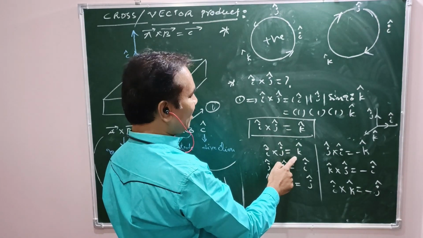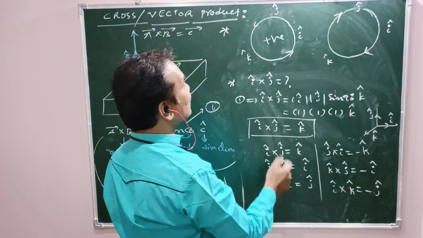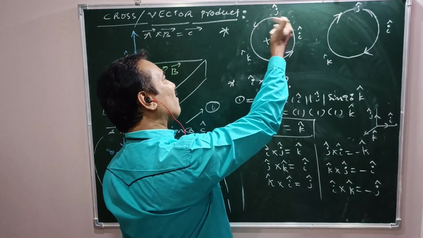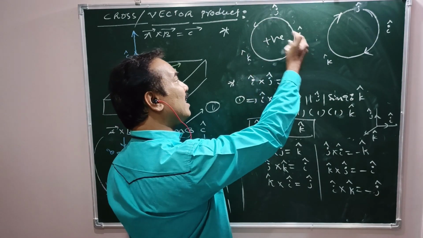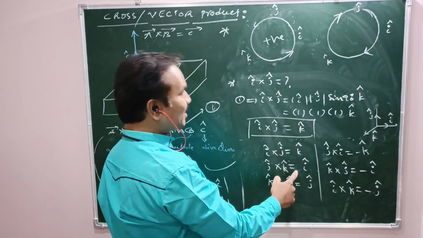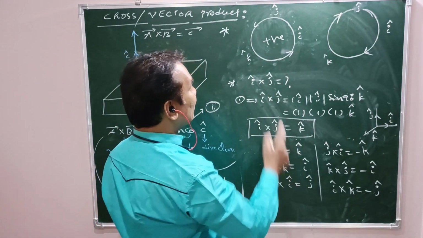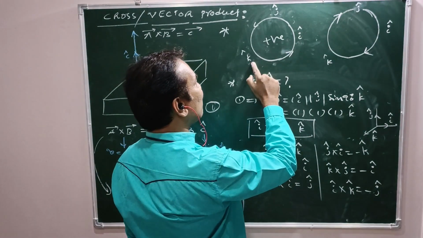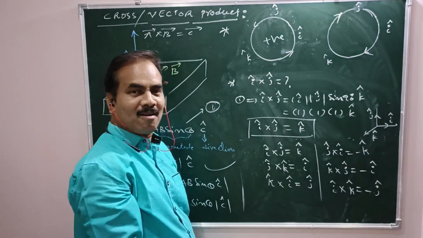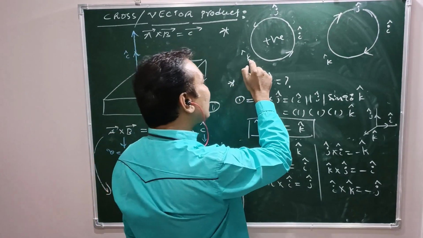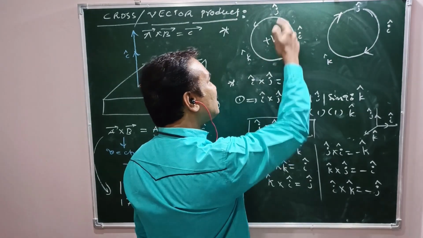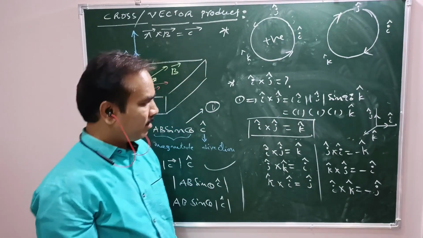Similarly, j cross k means from j to k, once again anti-clockwise sense, so the other unit vector with positive sign, that is plus i. Similarly, k cross i means from k cap to i cap, once again anti-clockwise sense. So k cross i equals the other unit vector with positive sign, that is plus j. Did you accept?